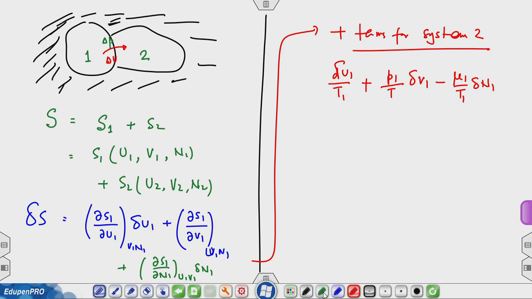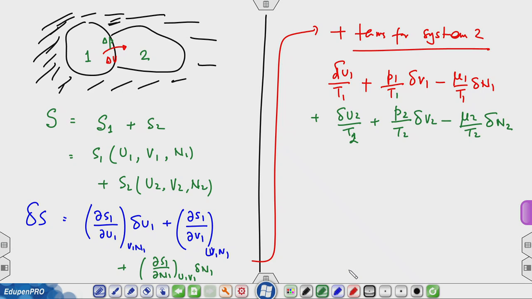And for the second system, it will be delta U2 over T2, plus P2 over T2 delta V2, minus mu2 over T2 delta N2.